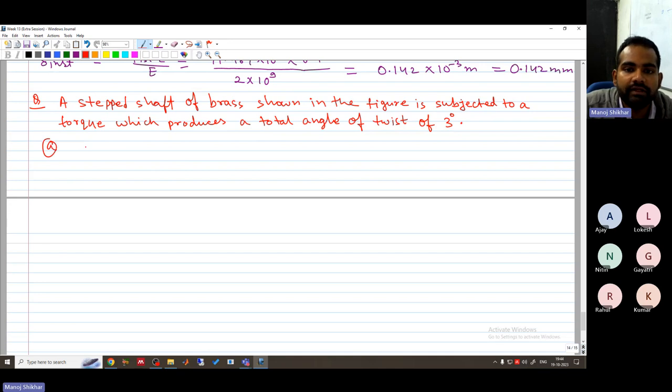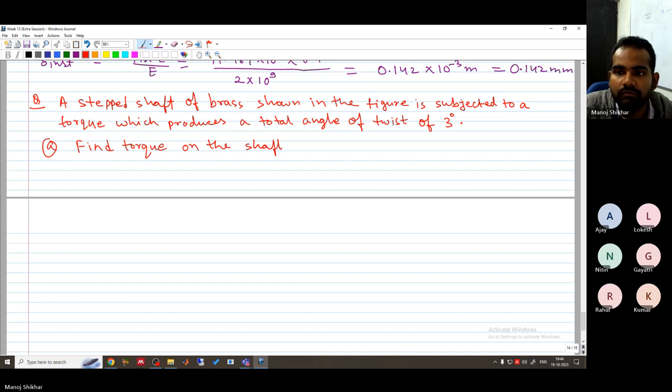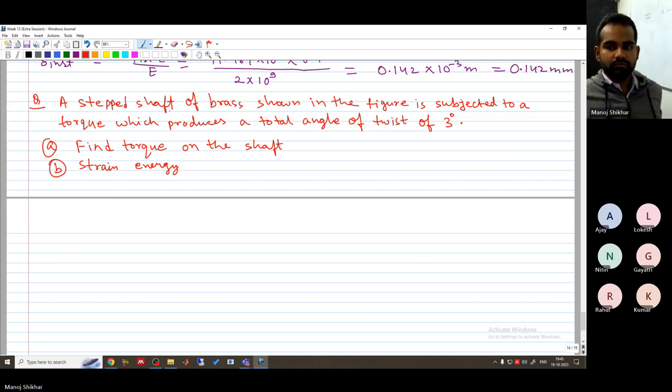Part A is find the torque on the shaft. And question B is the strain energy stored by the shaft.